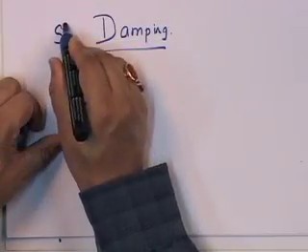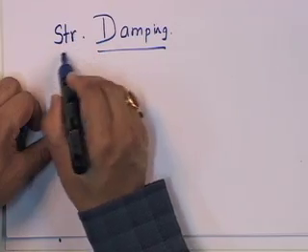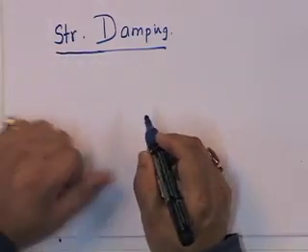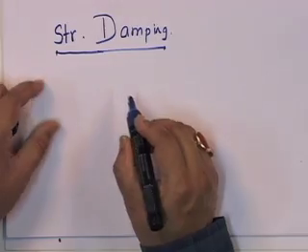Since you are damping out the vibration of the structure, this energy loss mechanism is called damping. Okay. So, how do we model structural damping? This is the major question.